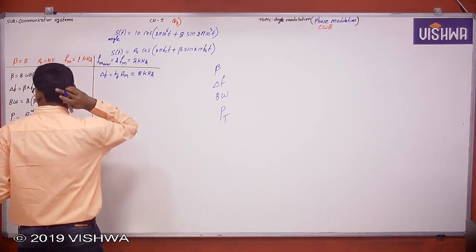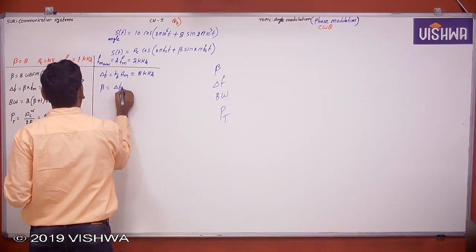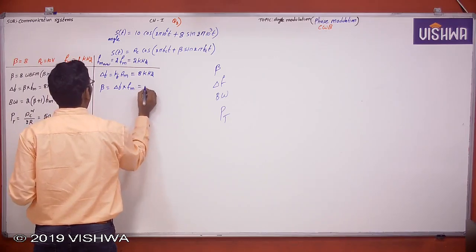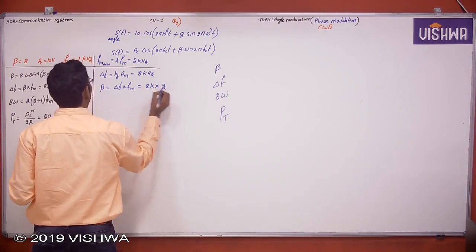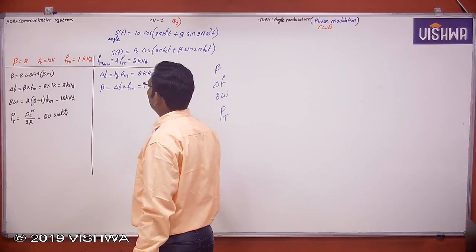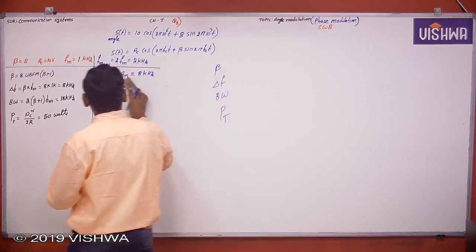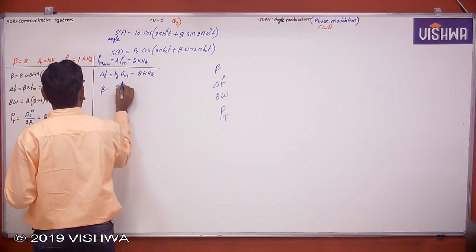And modulation index beta is equal to delta f by fm.